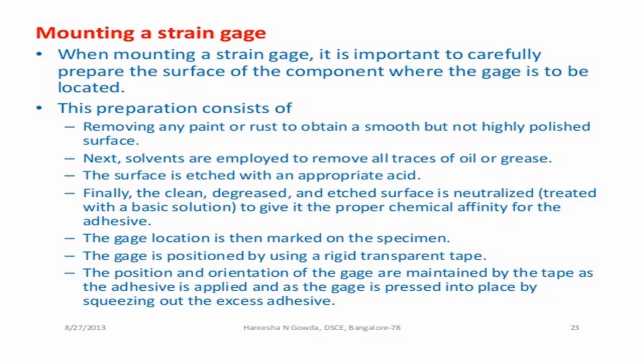When mounting a strain gauge, it is important to carefully prepare the surface of the component where the gauge is to be located. So the gauge is placed in the strain gauge equipment, where we can clearly observe it, and where we locate the gauge position on that element.